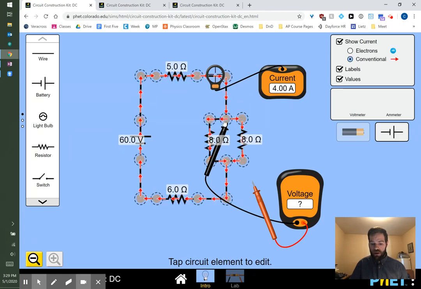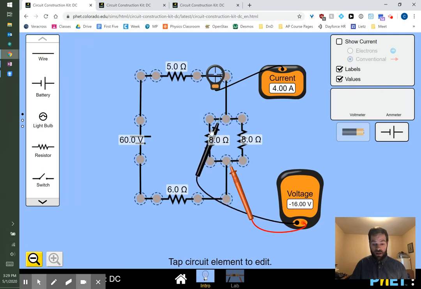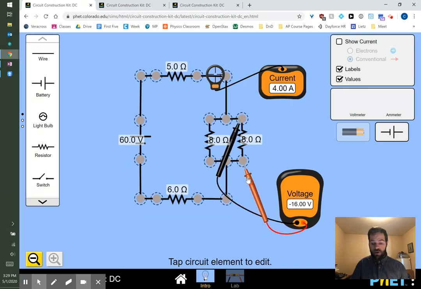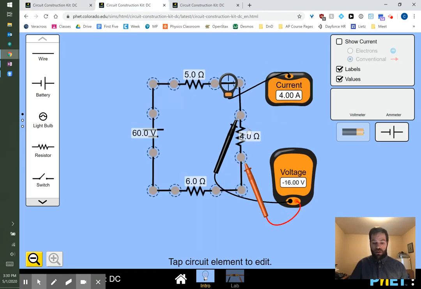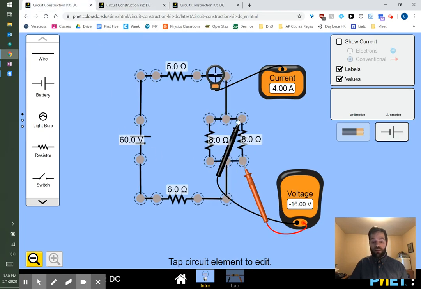You can see the current's flowing, and then part of it goes left and part of it goes right. We are going to have 16 volts dropped across each one of these resistors that are in parallel with each other, because we remember elements that are in parallel with each other have the same voltage drop. So it's 16 volts here in its equivalent resistance circuit and 16 volts here in the original circuit.